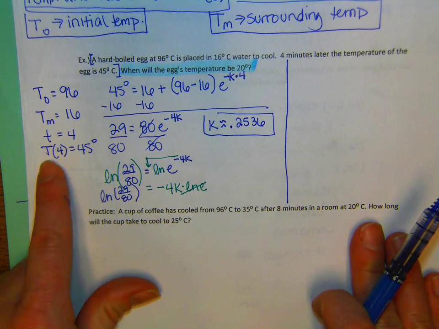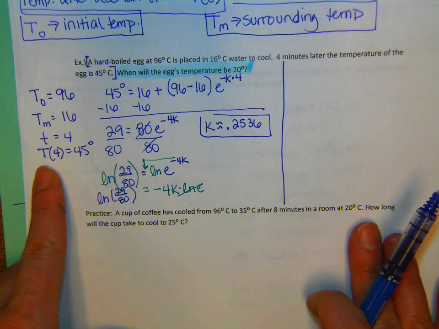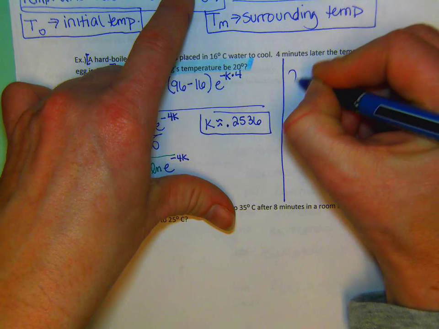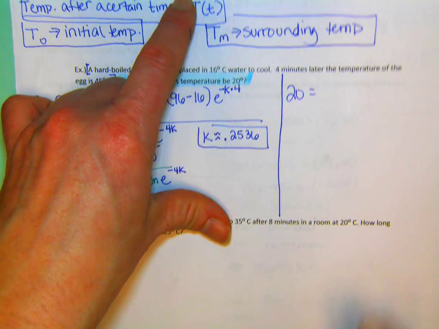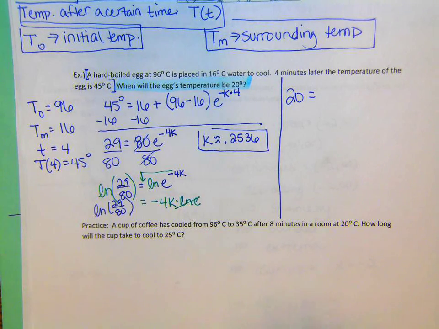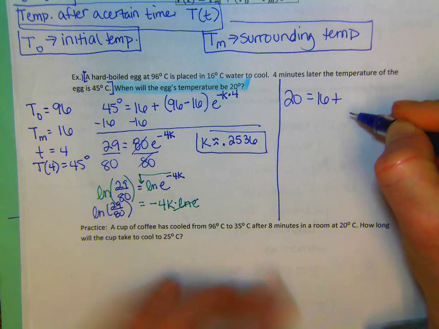So it's not T of 4, it's T of some t I don't know. But I know what the temperature is. What's the temperature? 20. So I'm going to put that 20 in the first spot. Nothing else is going to change, because the temperature that it's cooling in is still the same, and the initial temperature was still the same. So I'm still going to write 16.